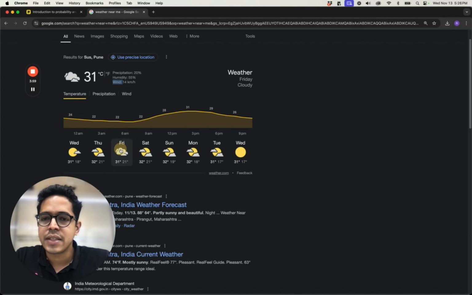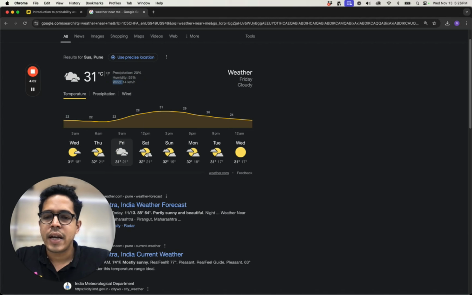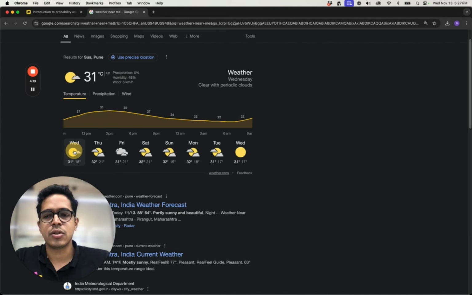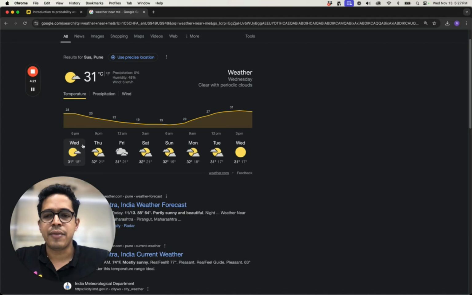But if I change it to some other day, so now I have changed it to Friday, you can see that there is a precipitation chance that they are mentioning, humidity 55%. Actually, this precipitation chance is not like, if it's raining right now, this will be 100%. If it is not raining, it will be 0%. So if I am picking today as Wednesday, and I look at the precipitation, it will be 0%.